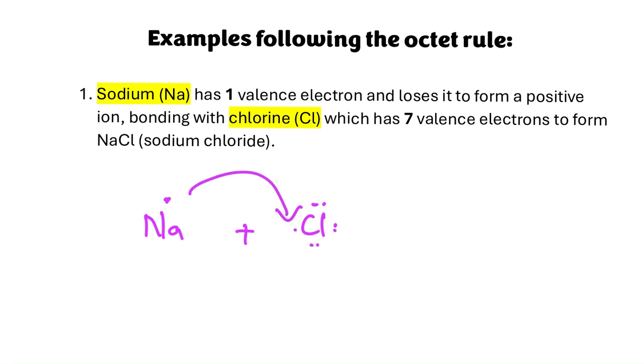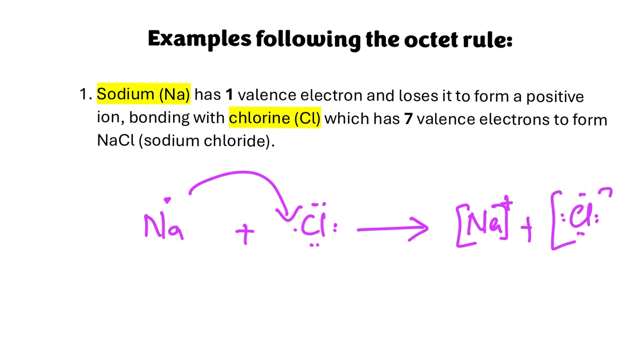Once it has shared the electron, it will become a positive ion. And chlorine has taken 1 electron, so it will be a negative ion. And they combine together to make sodium chloride, which is the table salt that we eat.